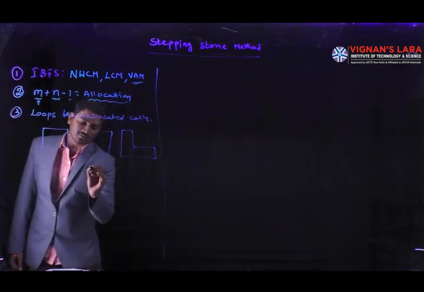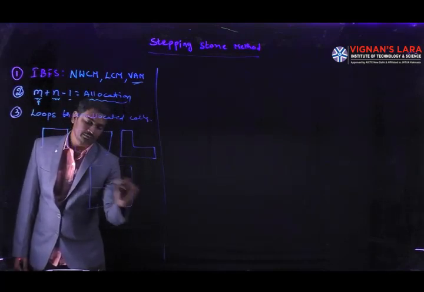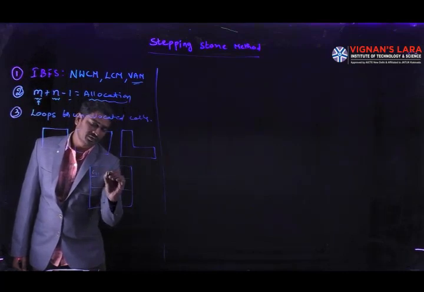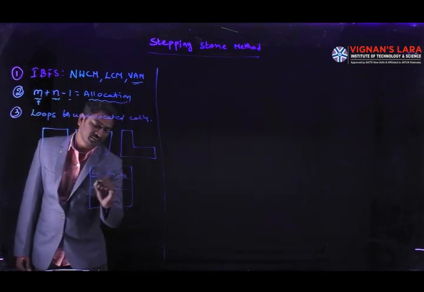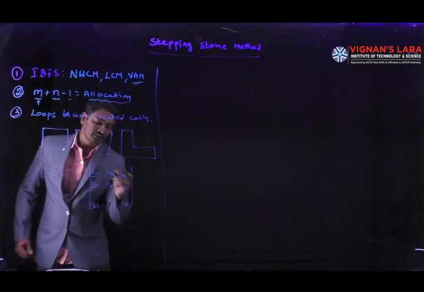For example, suppose we have C11, C12, C13, C21, C22, C23, C31, C32, C33.